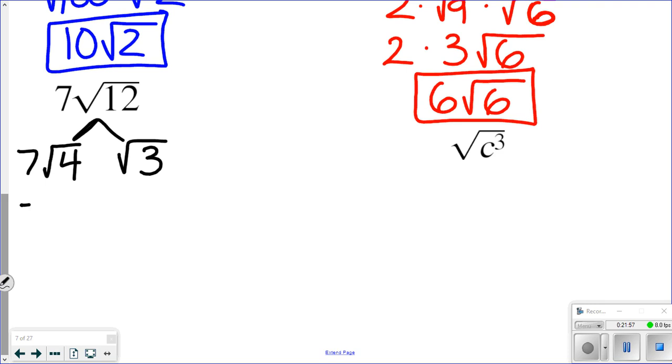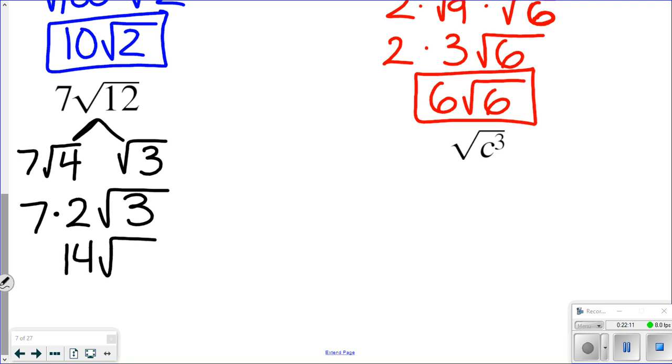Okay, I'm going to bring down my 7. Take the square root of the perfect square, that's 2. Bring down the leftover underneath your radical, and then 7 times 2 is 14. 14 square root 3 is our final answer.